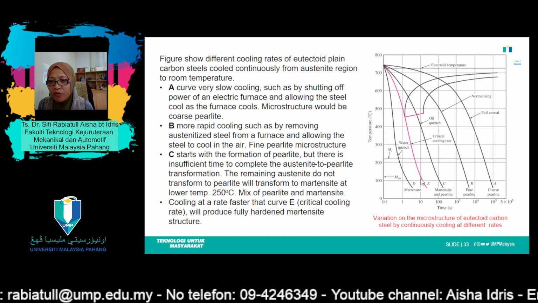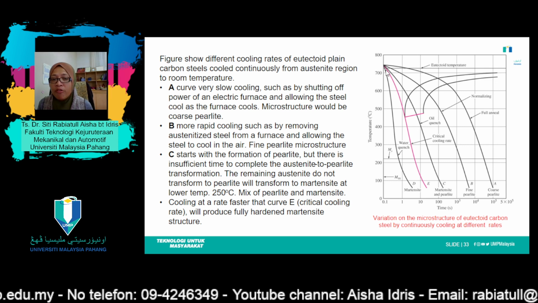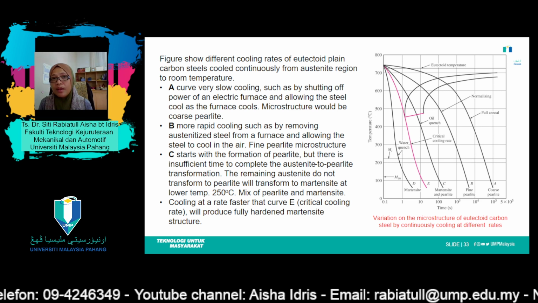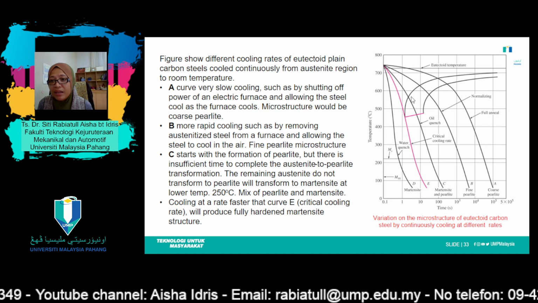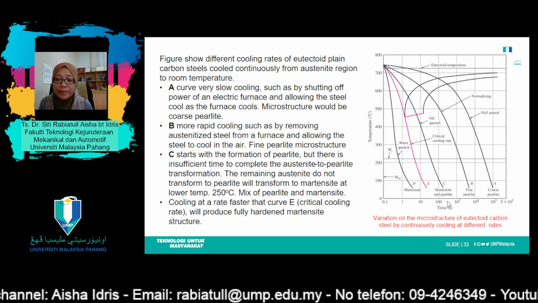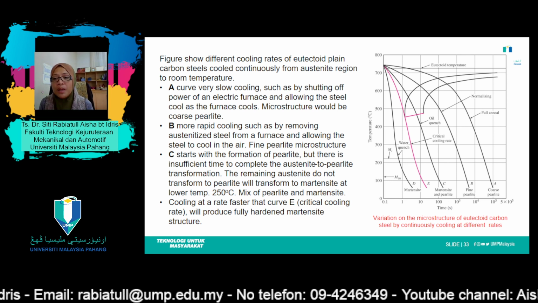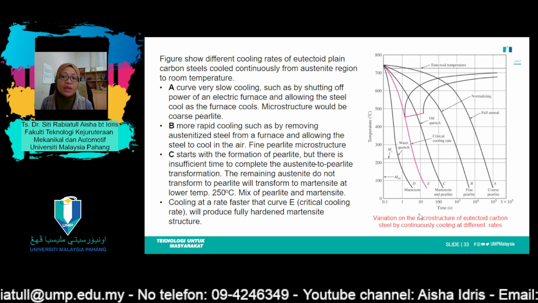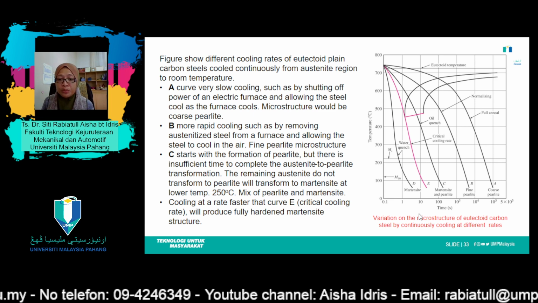However, E represents the critical cooling rate, because if the speed is not fast enough, it will change to line C, whereby it will produce martensite and pearlite. So it has to be as fast as possible, by referring to this graph of temperature versus time, so that we can control what structure is to be produced.